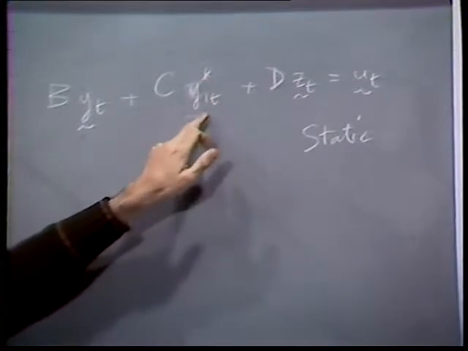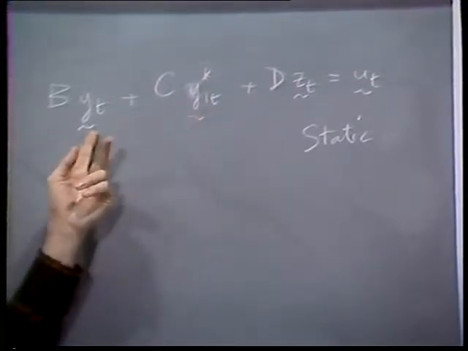The star denotes that these are expectations of those endogenous variables.